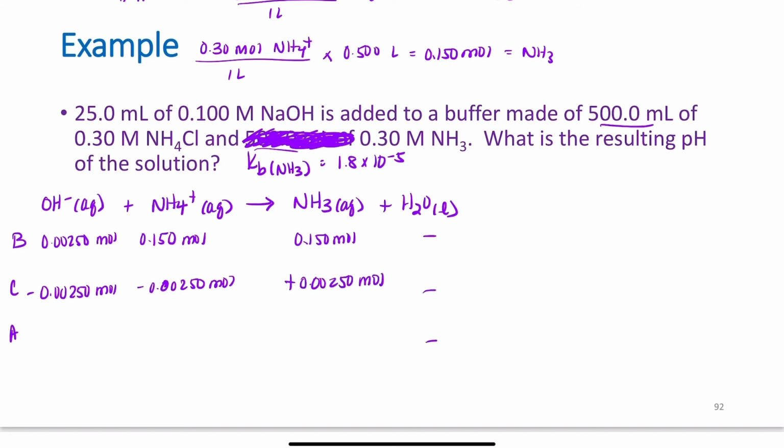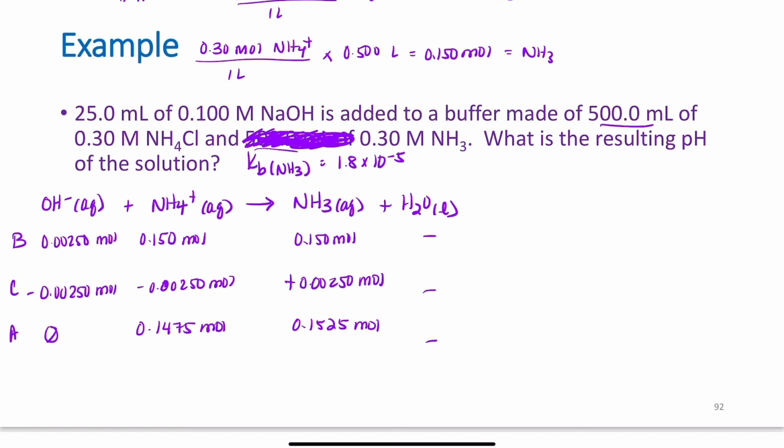So 0.00250 moles of hydroxide will react with that many moles of ammonium, producing that many moles of ammonia. After this reaction is complete, I will have 0.1475 moles of ammonia and 0.1525 moles of ammonium. These words are so similar to me.